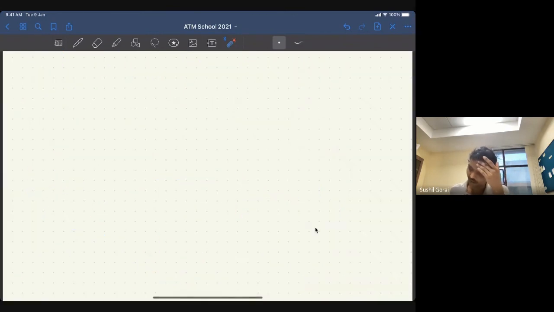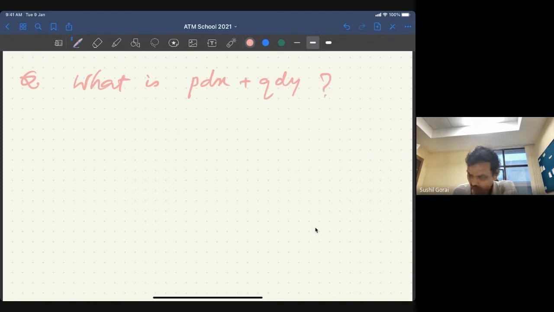Now, since I have only a few minutes left, maybe I was thinking of giving an idea of Cauchy's theorem over a rectangle, but let me explain in 9 minutes what this p dx plus q dy is.